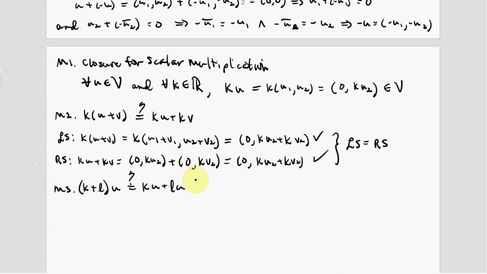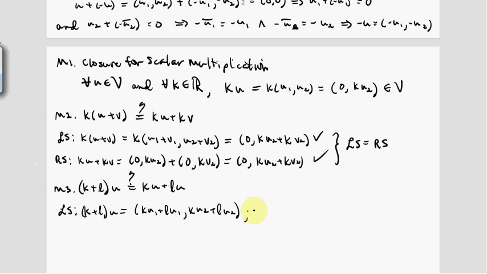So the left side, K plus L, U. This is the K plus L which are scalars, times the vector. So this is k u sub 1 plus l u sub 1, comma, k u sub 2 plus l u sub 2. Now what about the right side?